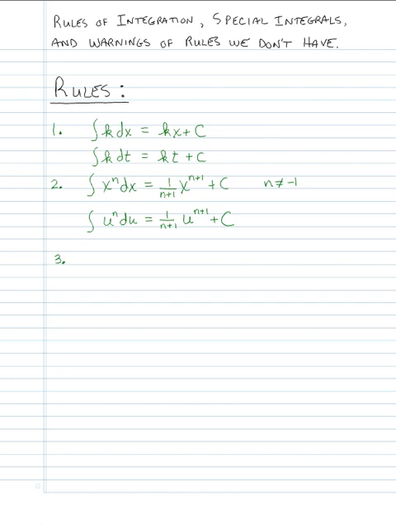Okay, the third rule was what would happen if we have the integral of a constant times a function. And we haven't seen that used a lot. I mean, we've seen a constant times e to the x, or a constant times x to the 4th power, for instance. I mean, no, we haven't had natural log, I'm sorry.